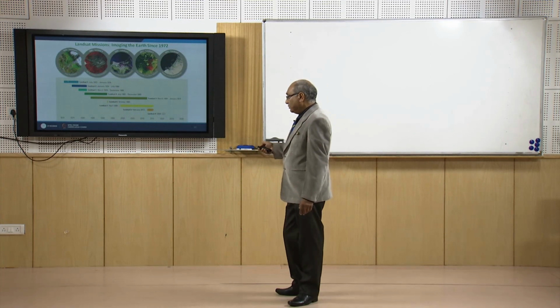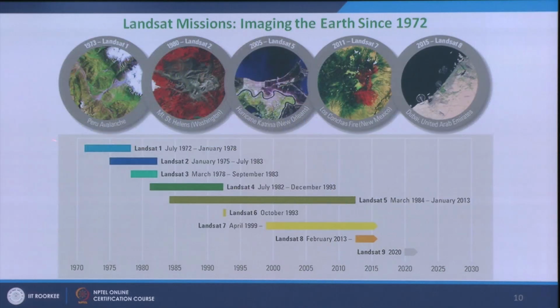So this was a very successful mission. Then Landsat 2 came, Landsat 3 came, 4, 5. Landsat 6 was a very short-lived satellite; there were some technological problems. Then 7 and 8 have become very successful, and this is for the future, which we will see very soon.